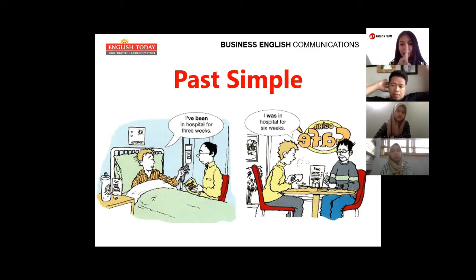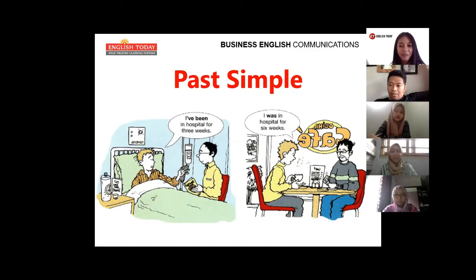The first one is past simple, and the second one is, remember? Present perfect. Aris, can you say that again, please? Present perfect. Excellent. Yes, that is correct. So the left picture is present perfect, and the right picture is past simple.